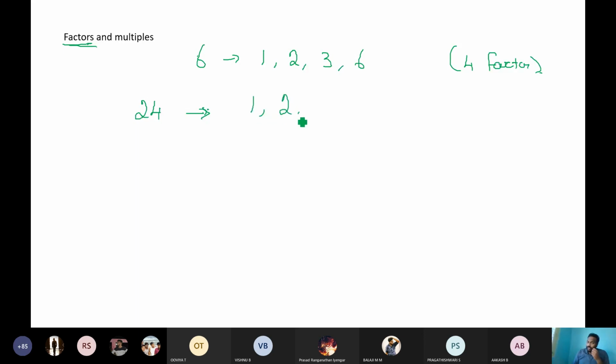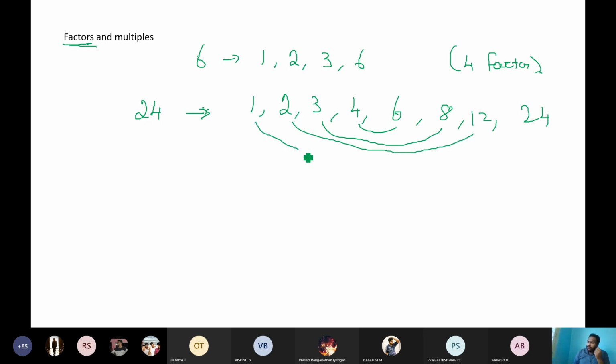Very good, super. So 1, 2, 3, 4, 6, 8, 12, and then 24. Correct. So how many factors does it have? 6 4s are 24, 8 3s are 24, 12 2s are 24, and 24 into 1 is 24. So totally there are 8 factors. Correct.